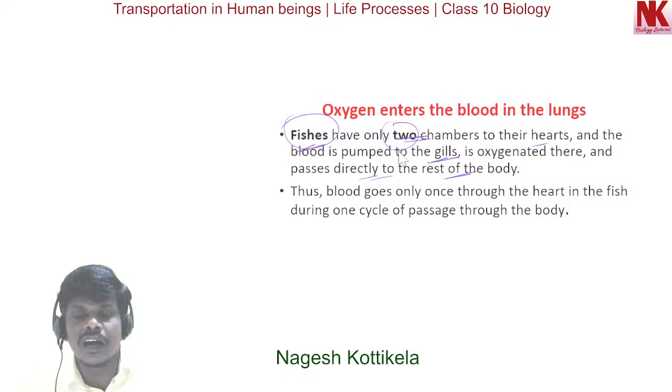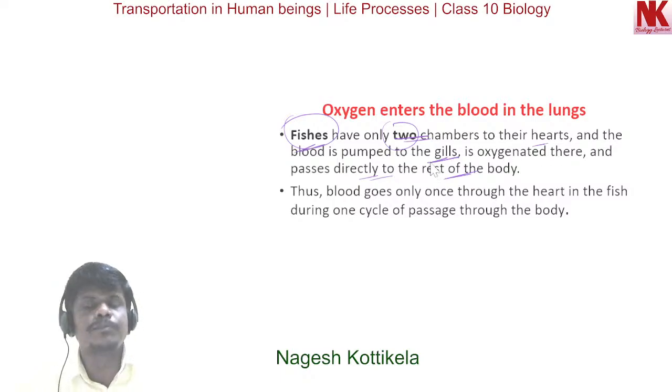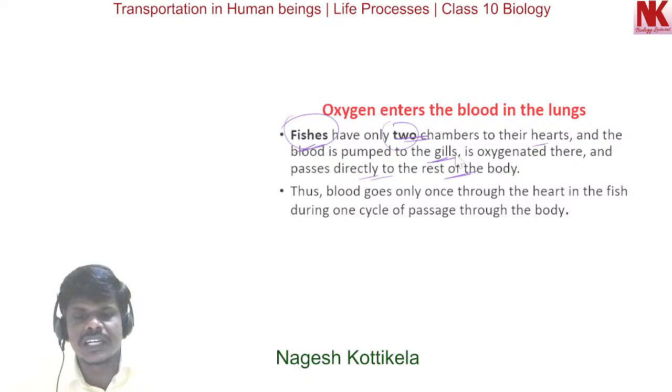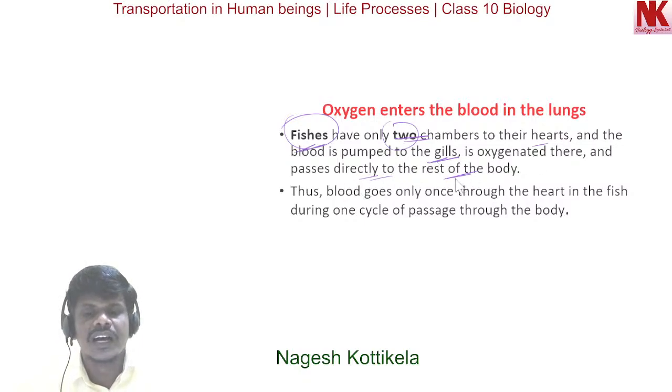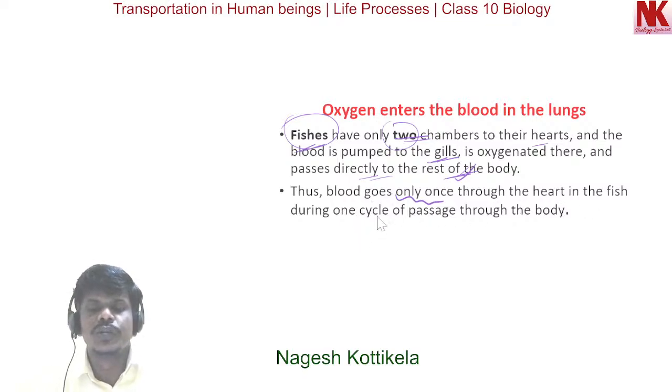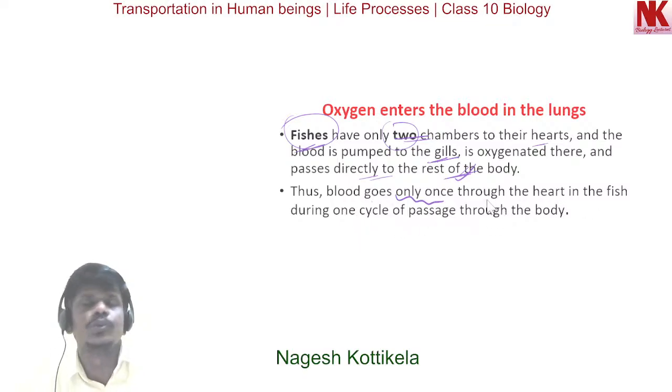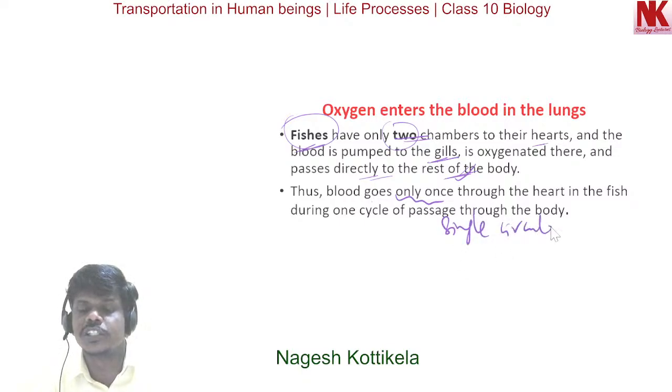The blood is pumped to the gills, it is oxygenated, and that oxygenated blood passes directly to the rest of the body. Thus, blood goes only once through the heart in the fish during one cycle of passage through the body. This is single circulation, single circuit circulation.